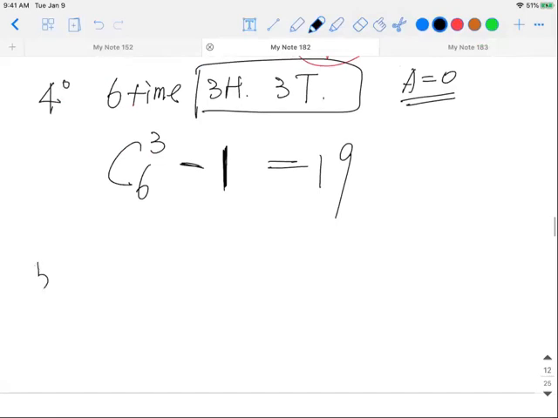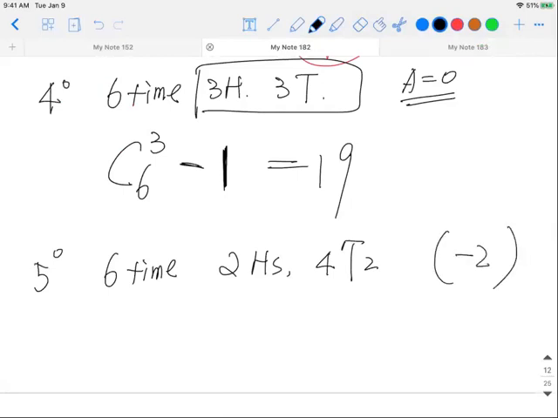Number 5. 6 times 2 heads 4 tails. That's going to give you -2, right? For this guy, how many scenarios we can have? Is there any restriction for this? Like heads cannot be adjacent, tails cannot be one after another, blah, blah, blah. There's no restriction, right?